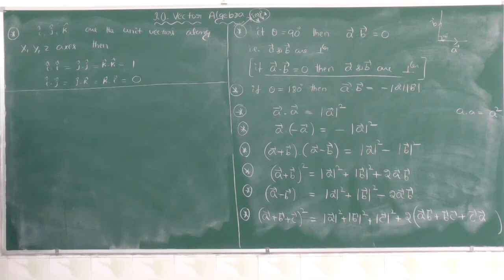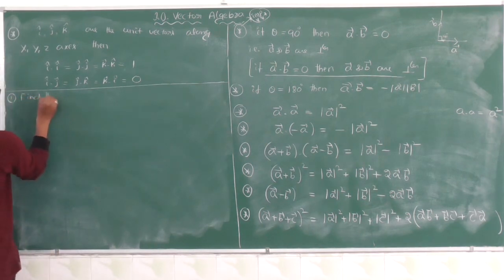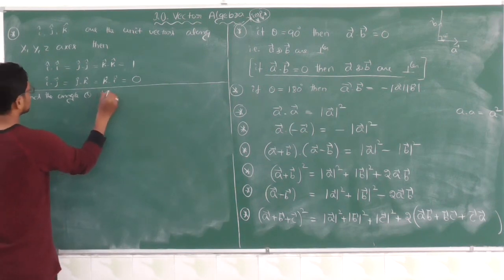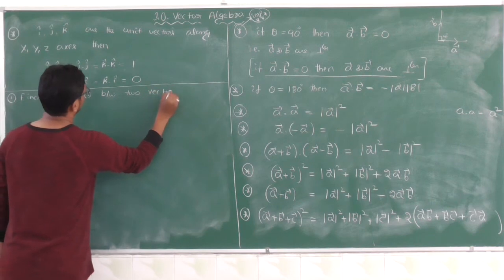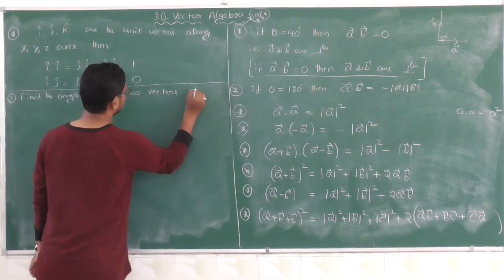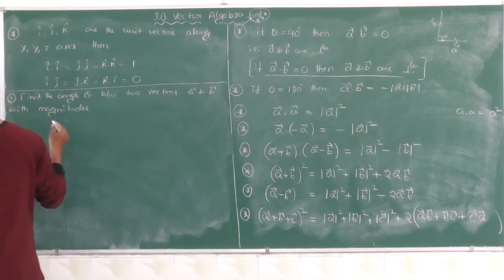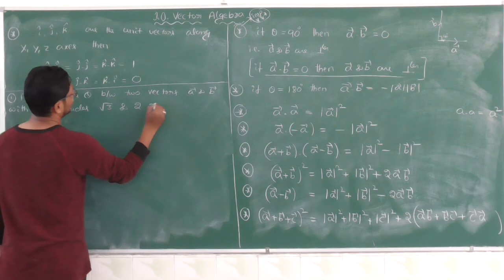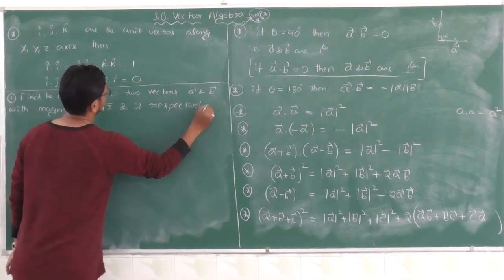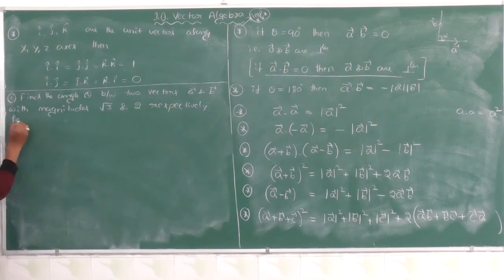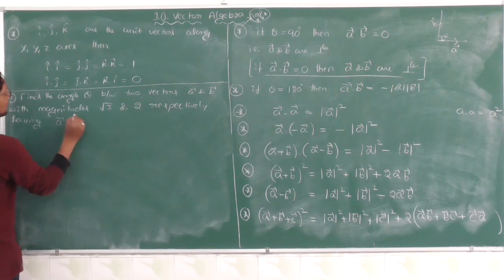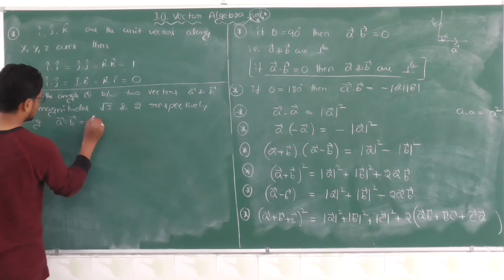Next we will solve the problem. First problem: find the angle theta between two vectors A vector and B vector with magnitudes root 3 and 2 respectively, having A dot B equal to square root of 6.